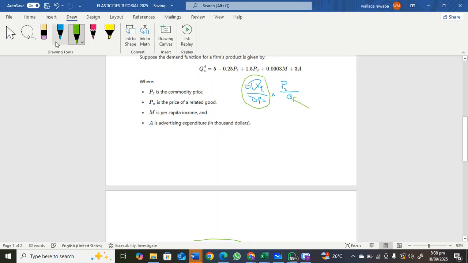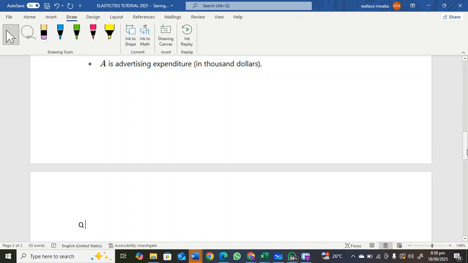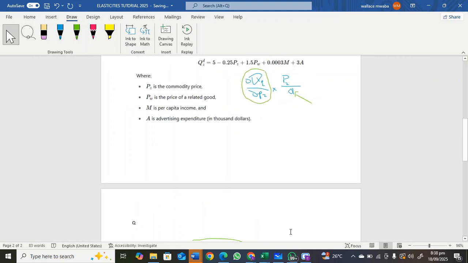Let me see if I can zoom in. So let me write our demand function here. Q equals 5 minus, let me just type it out. Don't worry, I'll zoom in.